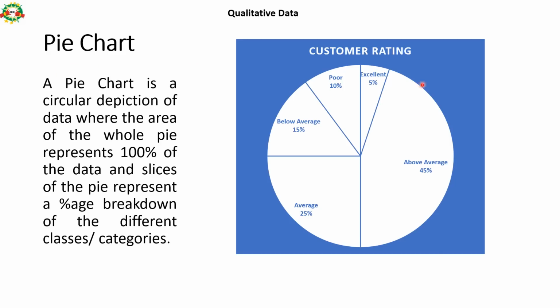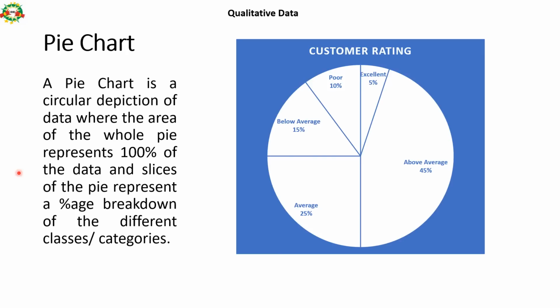So this is a graphical presentation of a pie chart. If you remember the hotel example, a pie chart is a circular depiction of data where the area of the whole pie represents 100% of the data, and the slice of each pie represents a percentage breakdown of the different classes and categories.